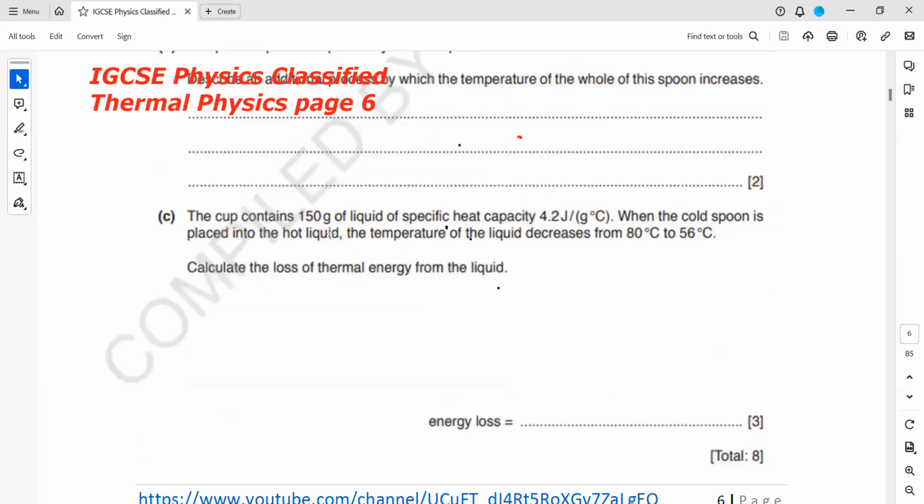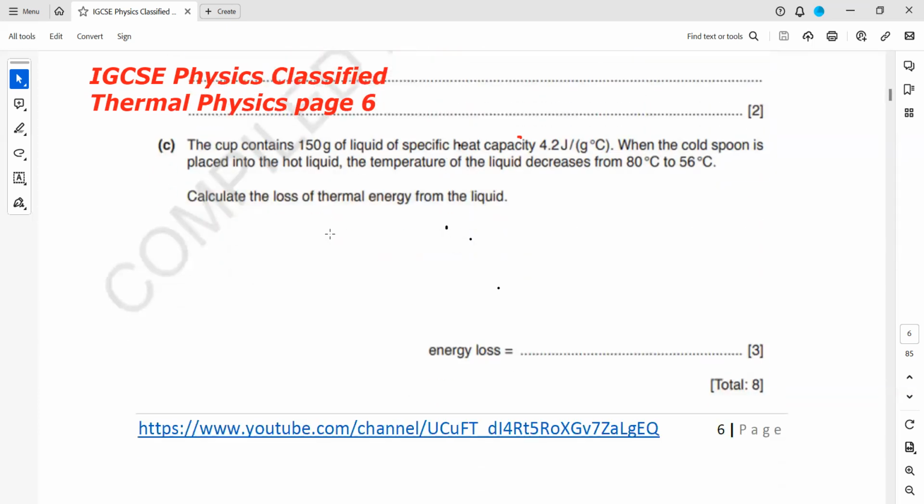The next question is related to the cup containing 150 grams of a liquid. Whenever you're solving any question, first try to identify the physical quantities given to you. The best way to identify the type of physical quantity is by units. Like we have 150 grams, so this is mass.